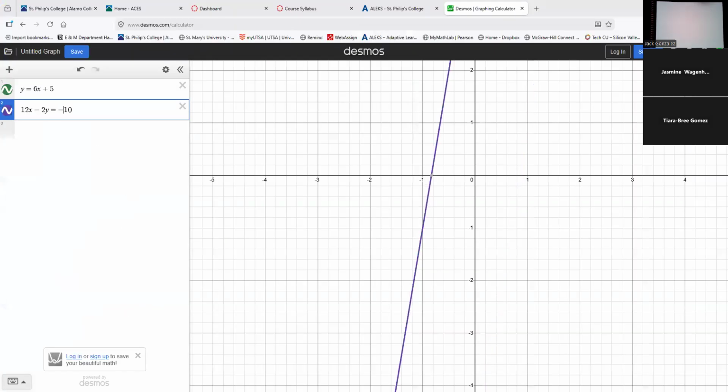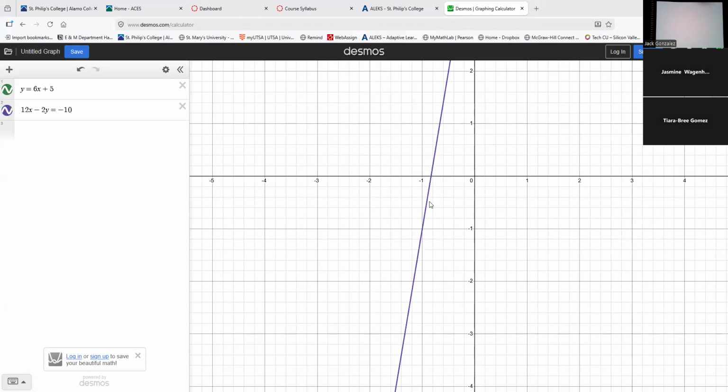This should be a minus. Oh, check it out. Now that I fixed it, they're on top of each other. So they intersect infinitely many times all over. So infinite solutions. The fact that two worked was a big clue that this is going to be the case.